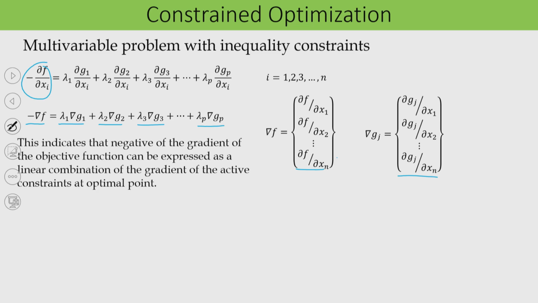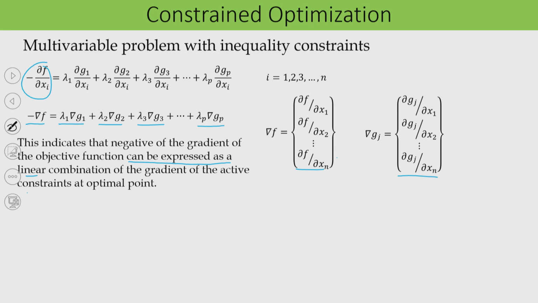It is saying that minus del f, the negative of the gradient of the objective function at the optimal point, can be expressed as a linear combination of the gradients of the active constraints at the optimal point.